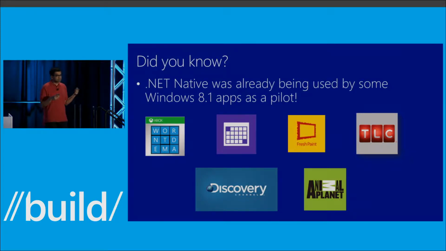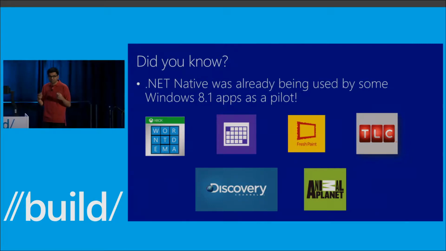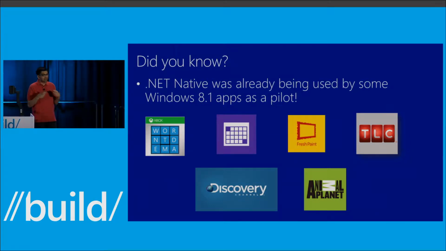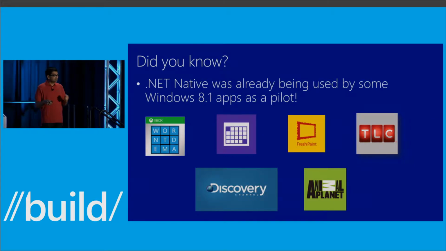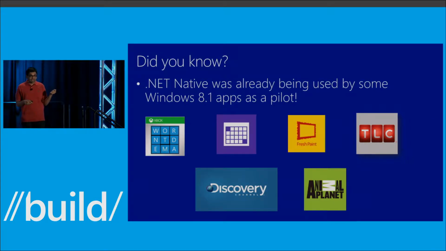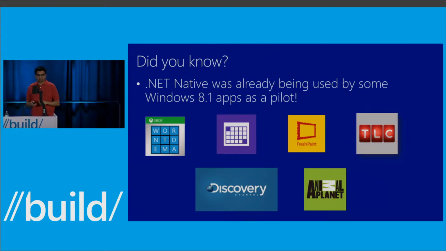The reason why we did this is we wanted to get more confidence around this particular scenario, where we wanted to make sure that apps don't break when we transform them from MSIL to .NET Native. This is a technology that we've been working on for a while, and we have already baked it to a certain extent, and now we are ready to bring it to the vast majority of developers out there.